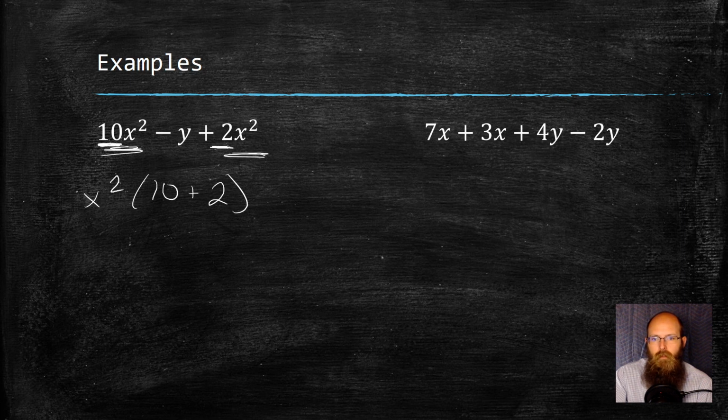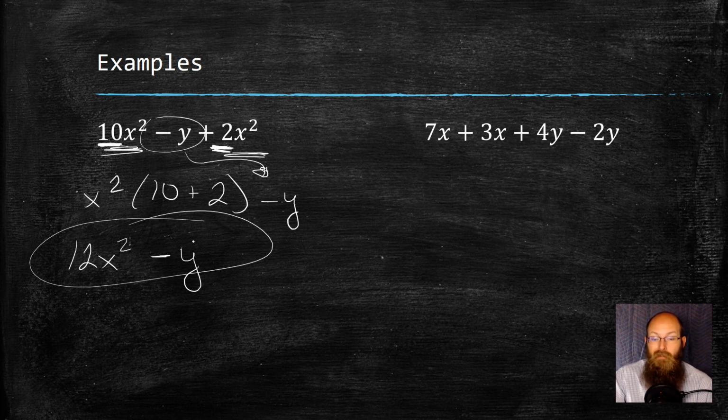So this 10 and this 2, and then there is this lone minus y that's going to have to hang out still. And what is 10 plus 2? Well, 12. And I can just put that in front, or I can put that behind, wherever I want to put that, as long as it's still connected to that x squared.